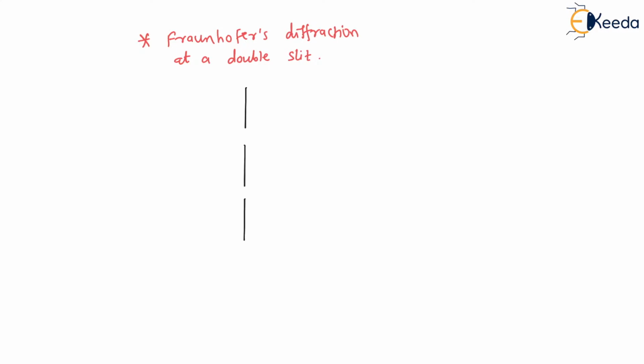So these are the two narrow slits of equal width. Here I'll mark the width, and this is the separation between them. So these are the two widths.